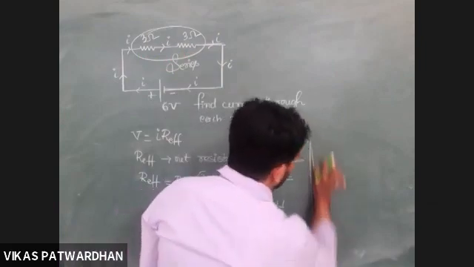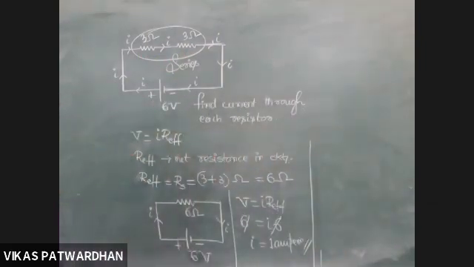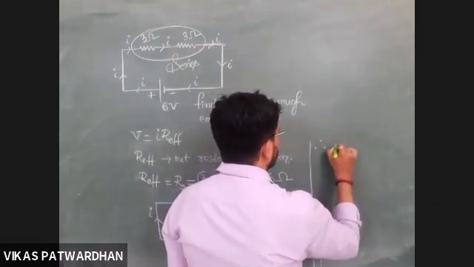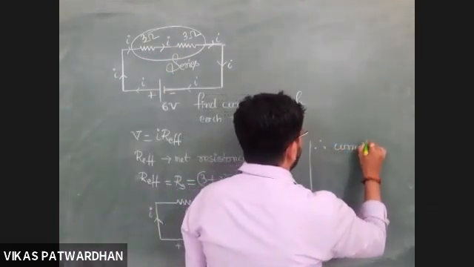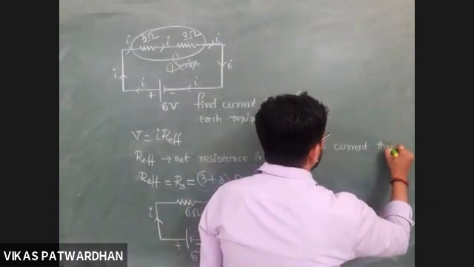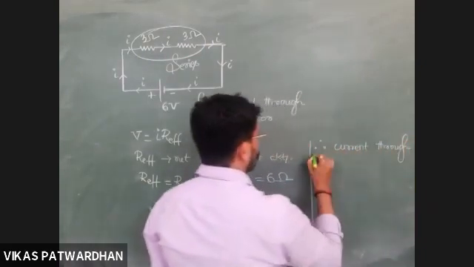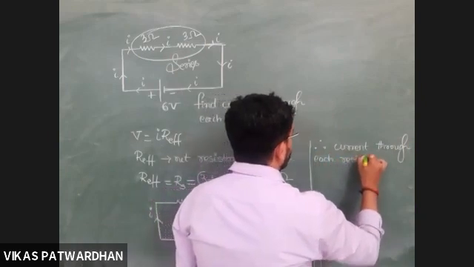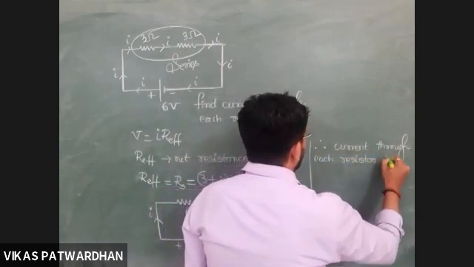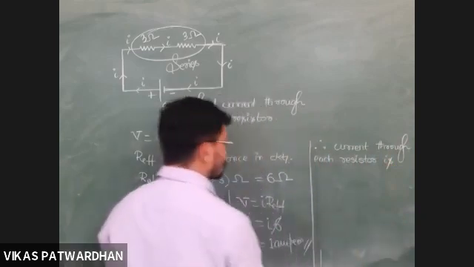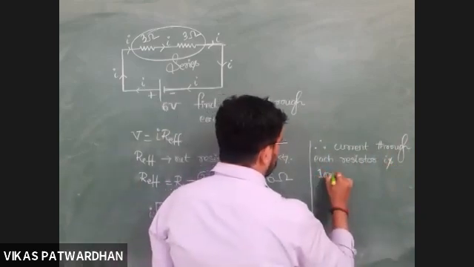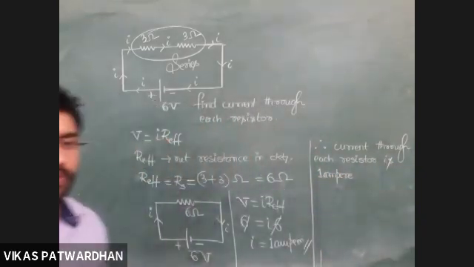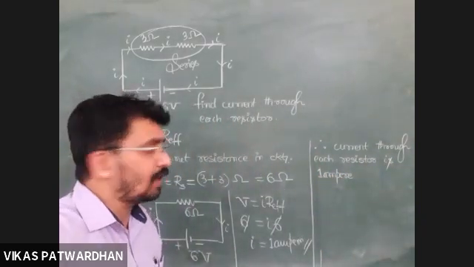Whatever current you have calculated, that is the current through each resistor. Therefore current through each resistor is 1 ampere.